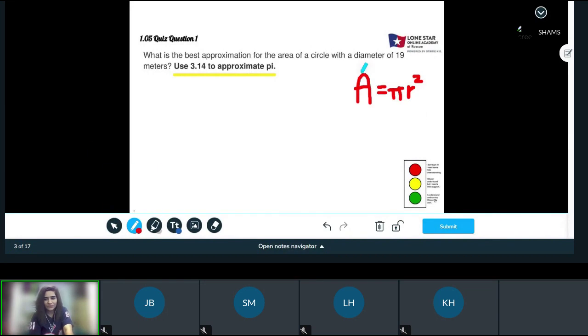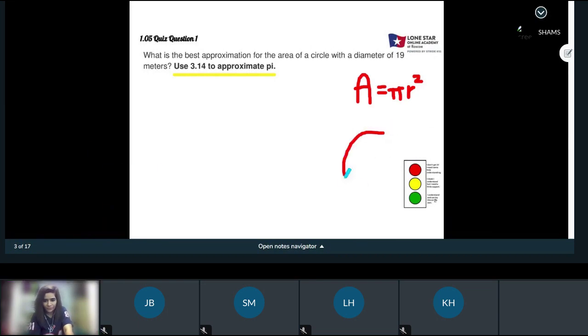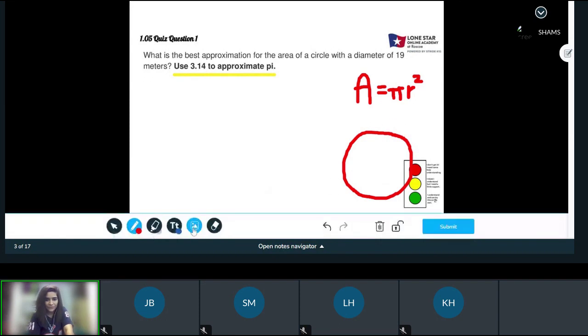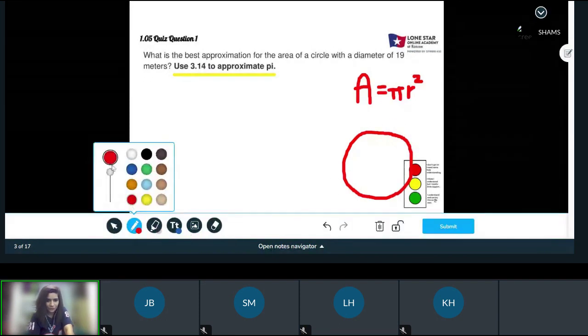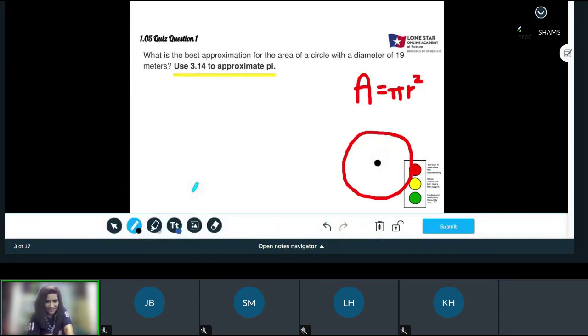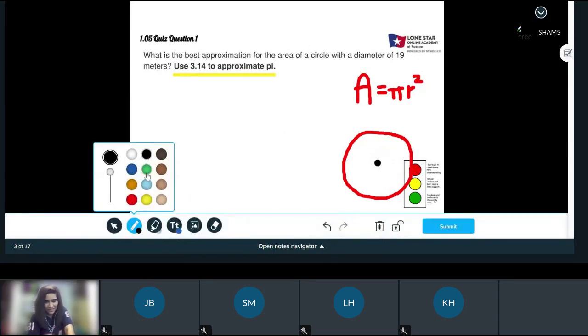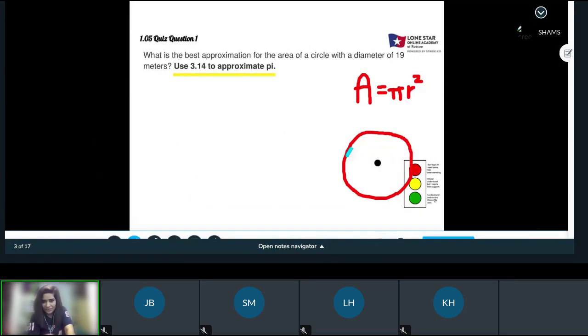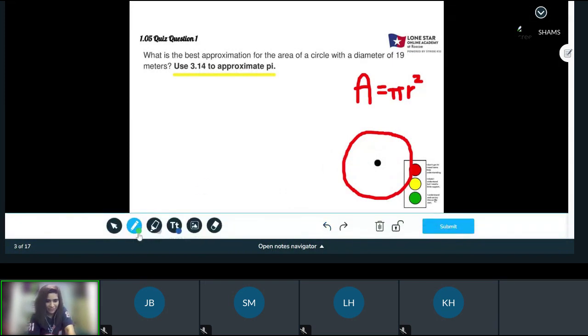I will also sketch out a little circle. If this is the center of the circle, just estimatedly, then the diameter is the long line, I needed a finer pen.